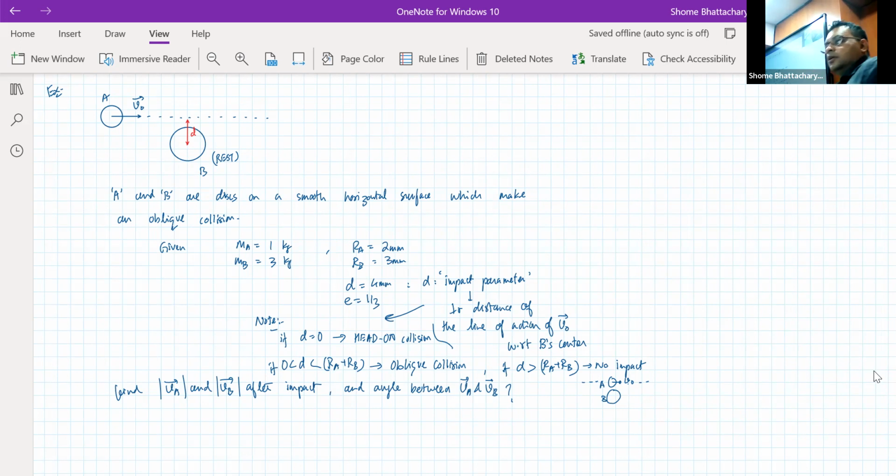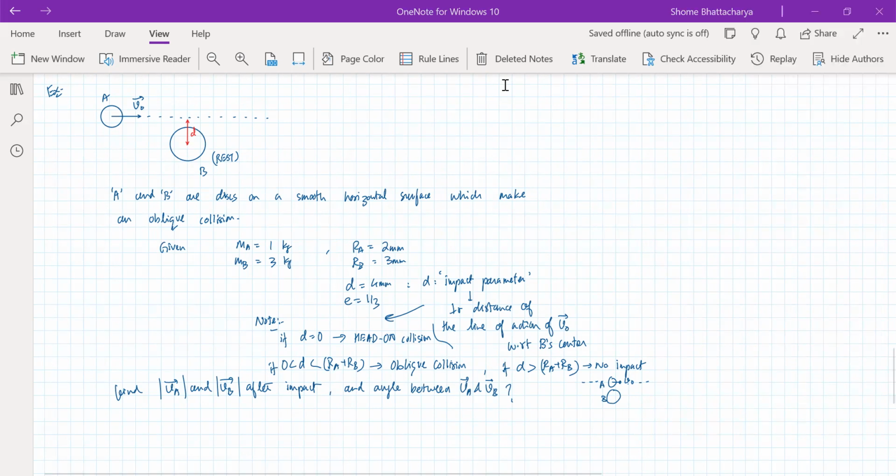Okay, so start by just making the diagram for the impact, and from that try to understand how the line of action will be inclined with respect to the value of V naught. Also let's take V naught as maybe in this case 15 centimeters per second.